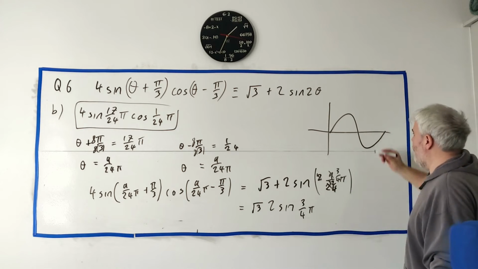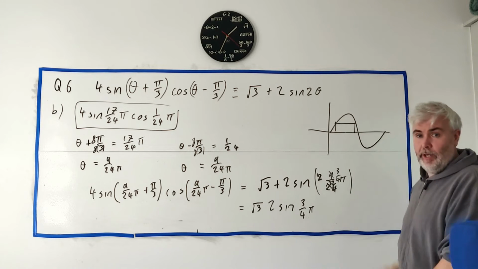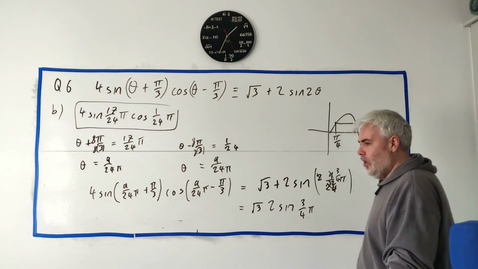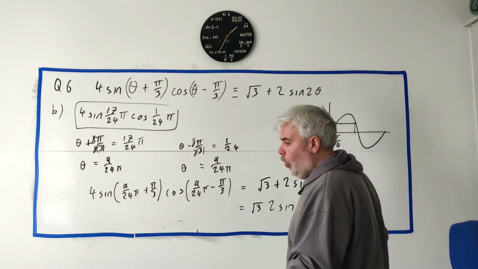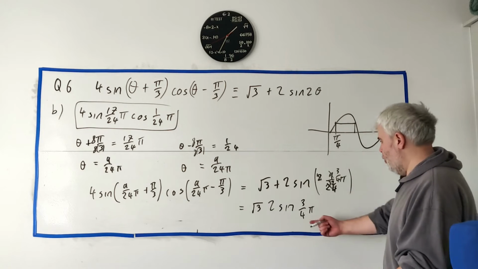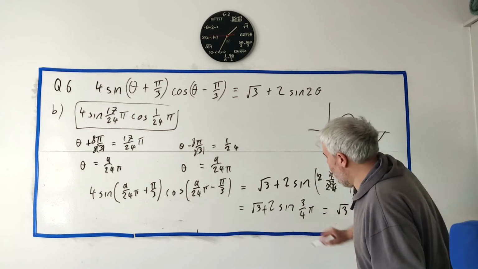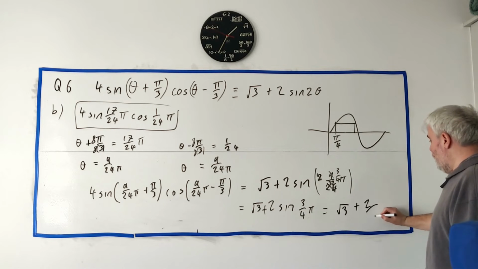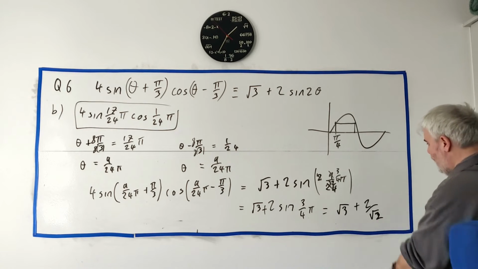3 quarters of pi is about here, and that's the same answer as a quarter of pi. Pi over 4, and pi over 4 I often just look up on my tables, and that's 1 over square root of 2. So final answer is square root of 3, missing a plus there, square root of 3 plus 2 times 1 over square root of 2, and that could be your final answer.